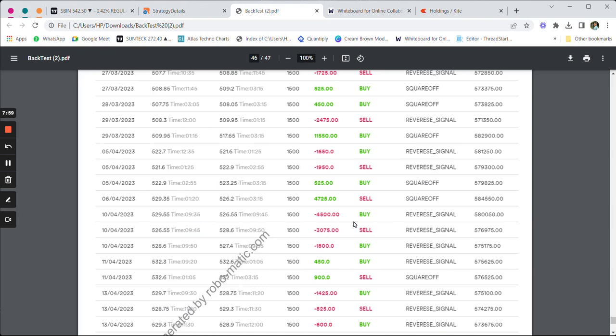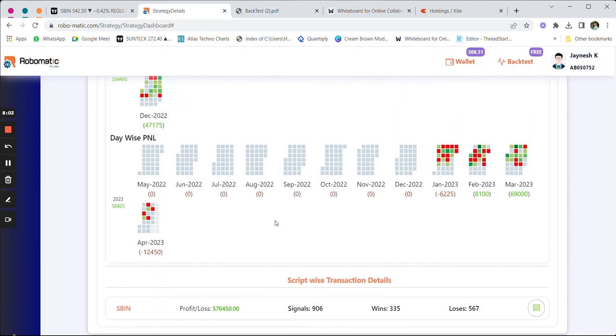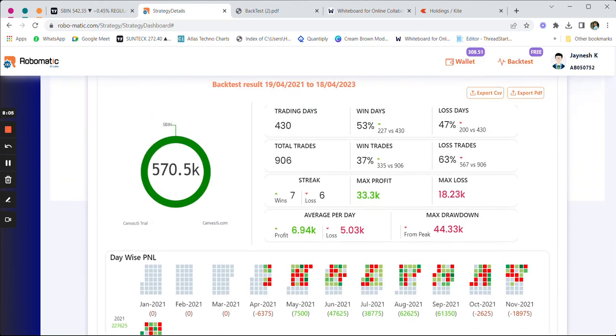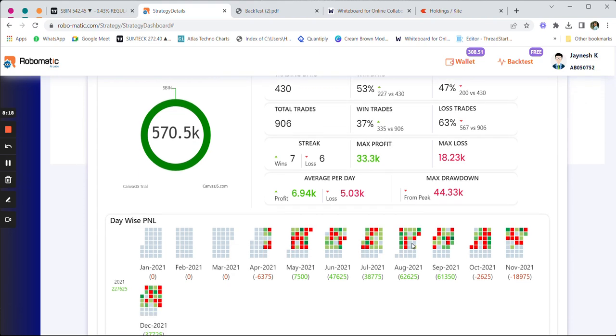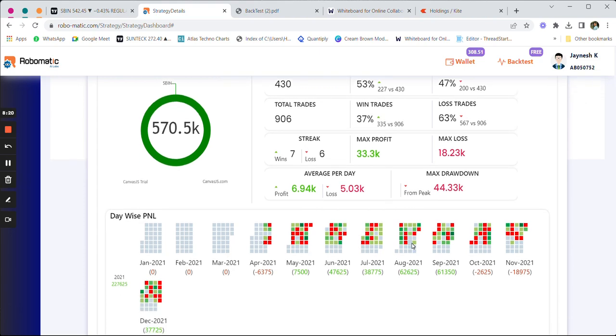So basically if you keep on following the system, it is going to reward you in the longer run. We can clearly see the maximum drawdown is really less compared to the capital that we are deploying. So you can deploy 2.5 lakh rupees capital for 1500 quantity, or you can assume that for every 500 quantity that you want to trade, you can keep around 75,000 rupees as the total margin.